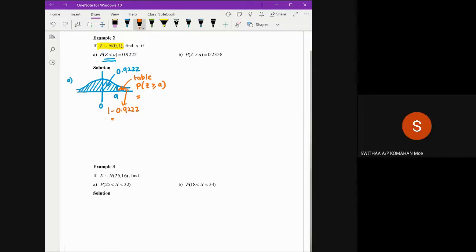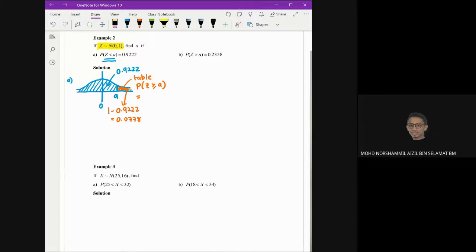So the small orange side will be 0.0778.